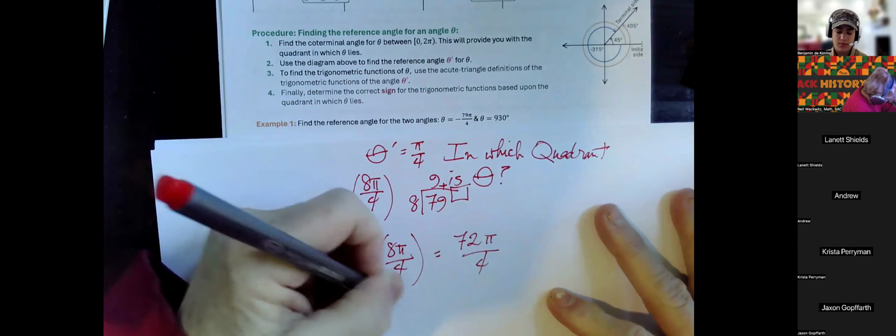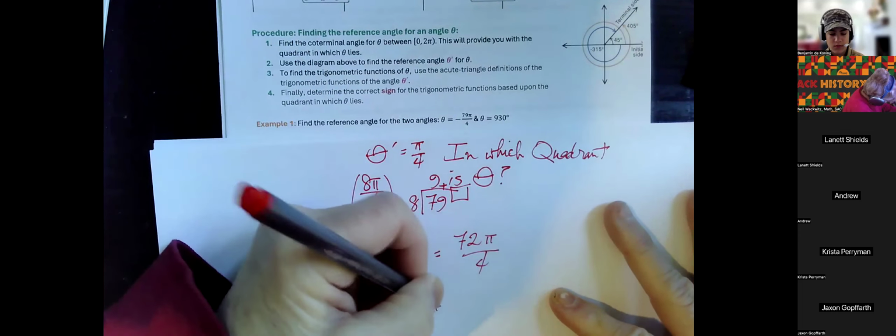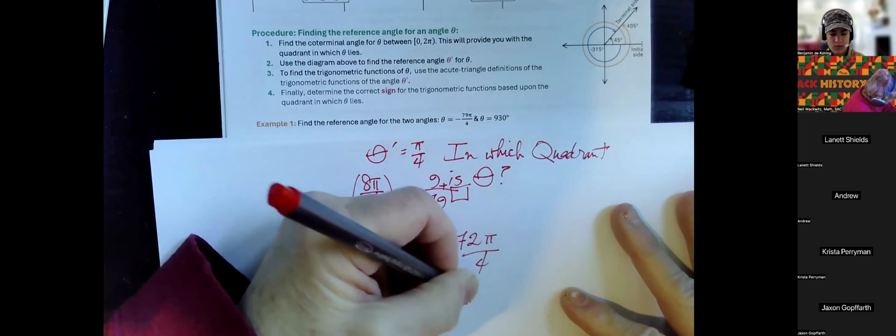So we have negative 79 pi over 4 plus 72 pi over 4. And negative 79 plus 72, what is that? Negative 7. Good.